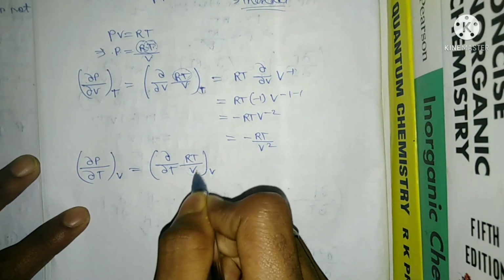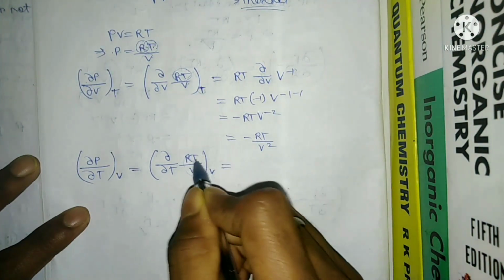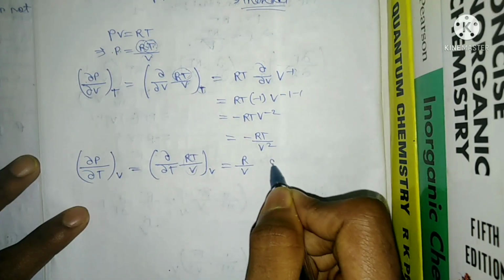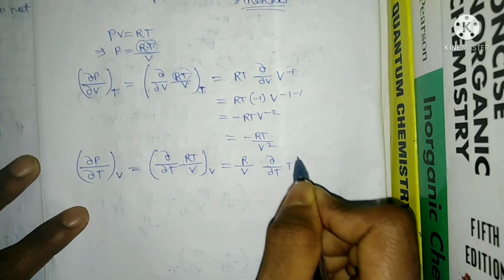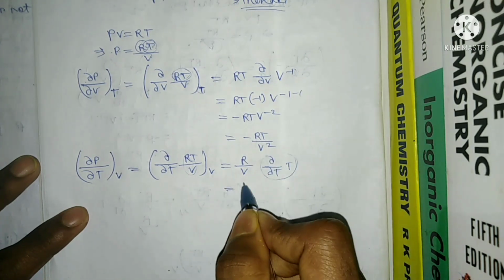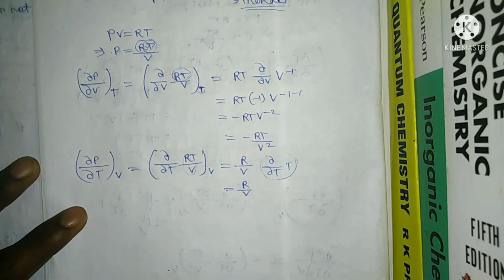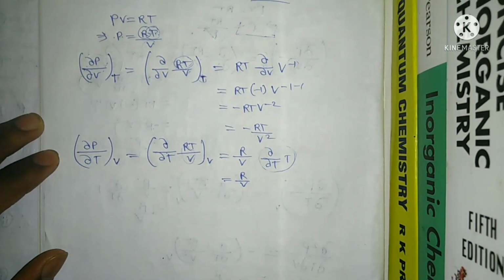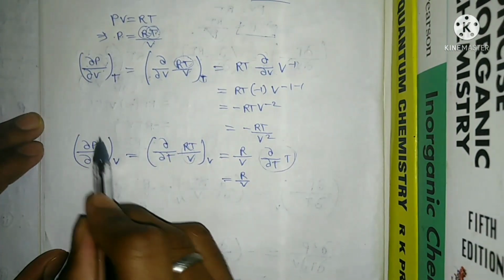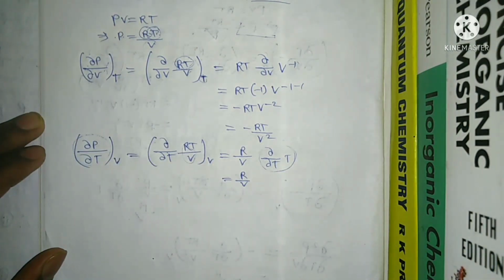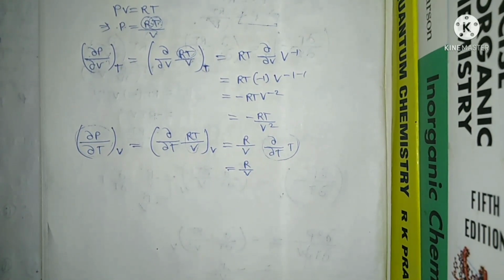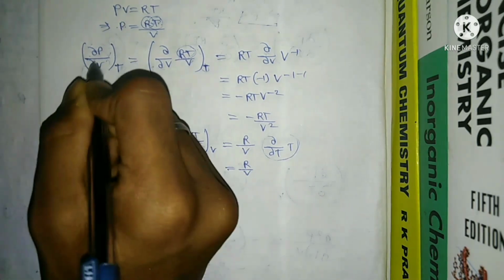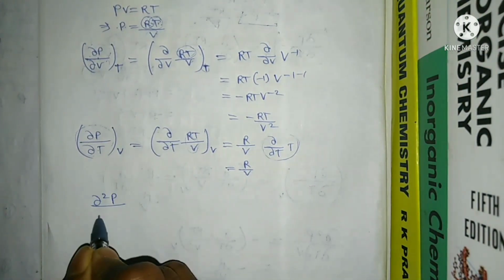R and V are constants, so R by V goes out, and ∂T/∂T is equal to 1. So we get R by V. We have to differentiate this term with respect to this, and similarly this term with respect to this.